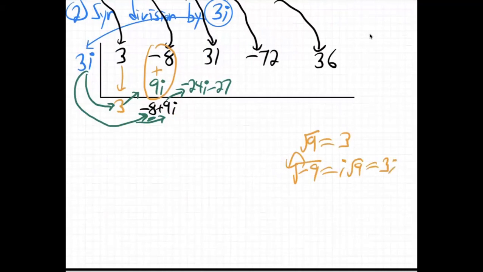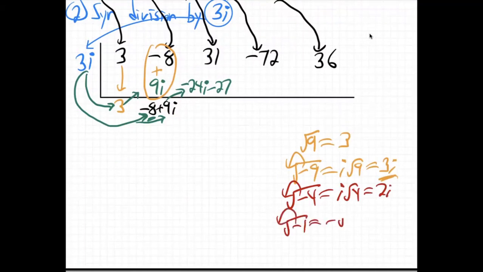So when you have a negative inside, it just puts an i there, doesn't it? So what's the square root of -4? Well, the negative comes out. It's i times square root of 4, so it's 2i, right? So then what's the square root of -1? The negative comes out, square root of 1, so it's 1i or just i.